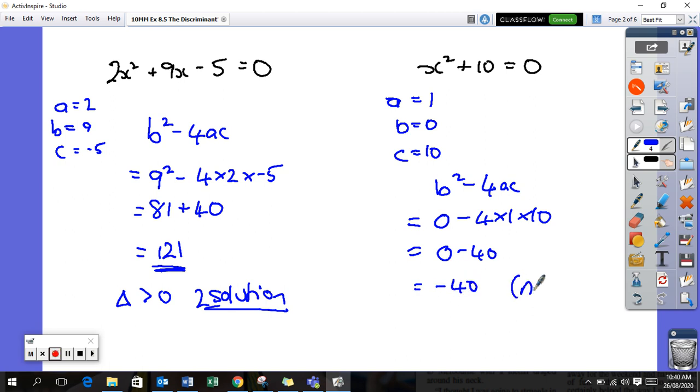So we've got a negative value. So this will have no solutions. Can't do it because it's got a negative value. Okay, so there are no solutions. Okay, that's it. We're just putting it into b squared minus 4ac. That's all we need to be doing.